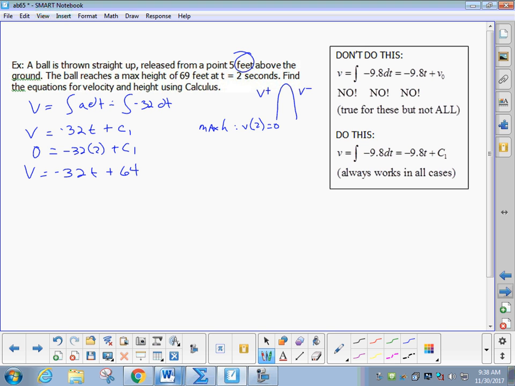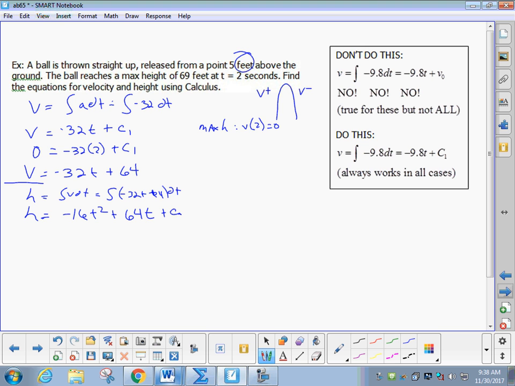Now we're ready to move on to the second set of work, which is the height development. Height is the antiderivative of velocity, or the antiderivative of negative 32t plus 64. What's the antiderivative of negative 32t? Negative 16t squared. What's the antiderivative of 64?